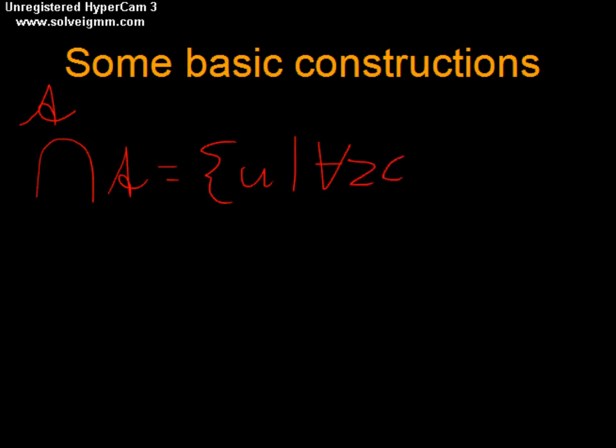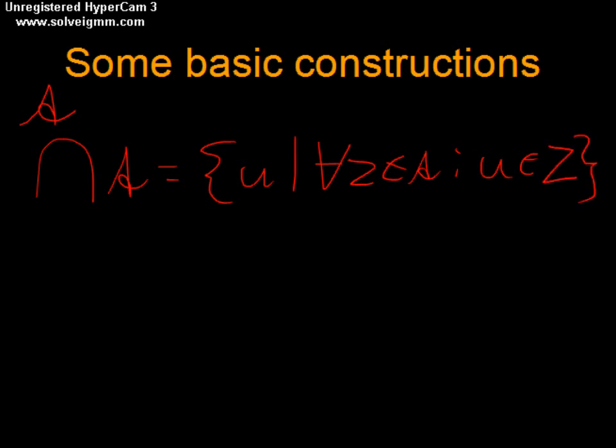More generally, if A is a set, then we can form the intersection of all of its elements. So we can form the following set. Intersect A is the set of all u such that for all z in A holds that u is an element of z.